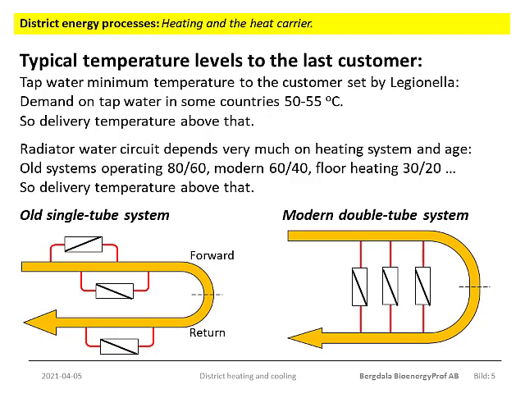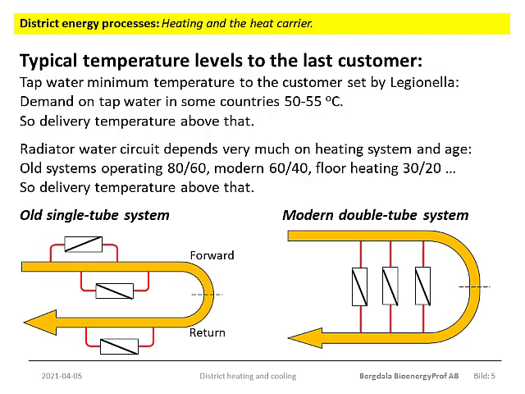So what happens now is that the volume flow in the forward pipe successively decreases, but the temperature remains more or less constant. Now that's not true, of course, because of losses, but the temperature remains high. So doing it this way, will the last customer still have hot supply water?